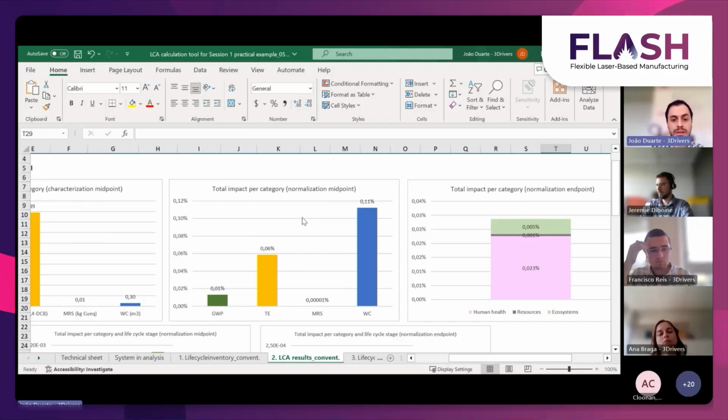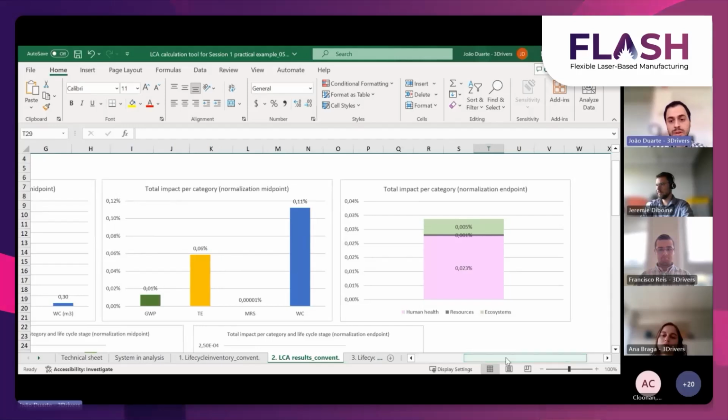So here we can see that water consumption is one of the most important impact categories for this example, followed by terrestrial ecotoxicity, and then by global warming potential. And we can see that regarding mineral resource scarcity, the life cycle of olive oil is not very intensive in this particular impact category.